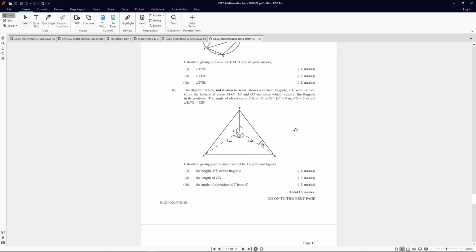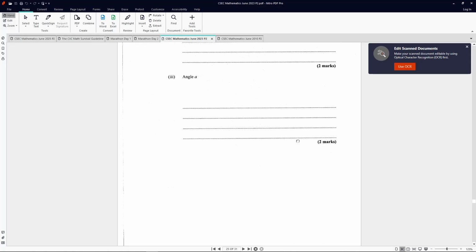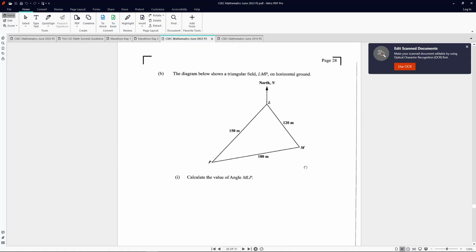And so how are we with trigonometry? Bearings per se. I think I'm doing a bit better on that. Because if I can recall, nobody got the question correct on the exam.